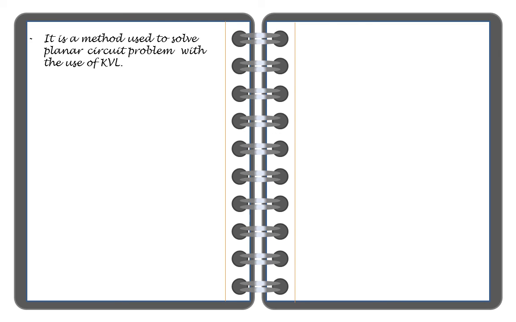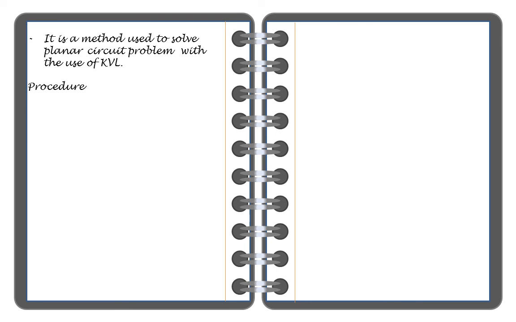So remember, the condition is that it must be a planar circuit. If it's not a planar circuit, you cannot use mesh analysis. There's another method that can be used for a non-planar circuit, but in this part, we are only considering mesh analysis.